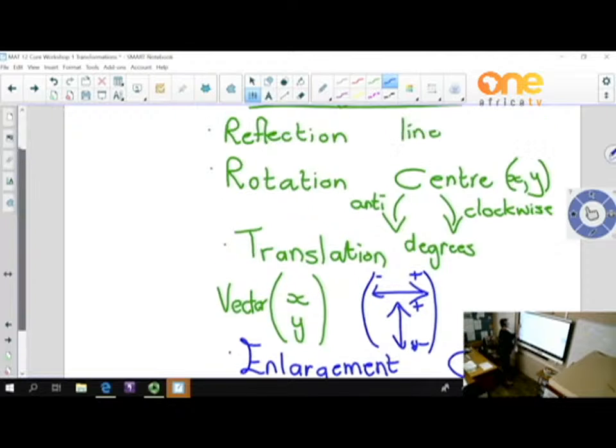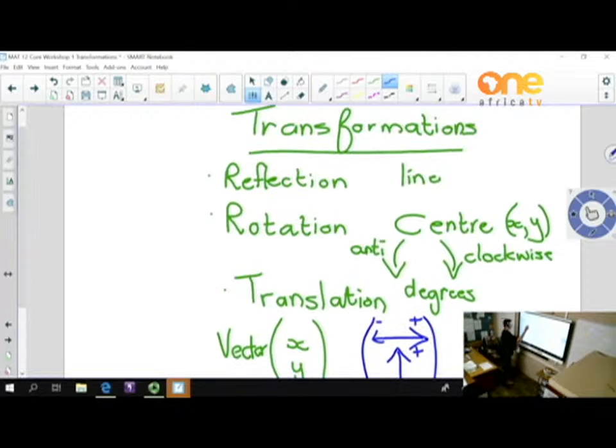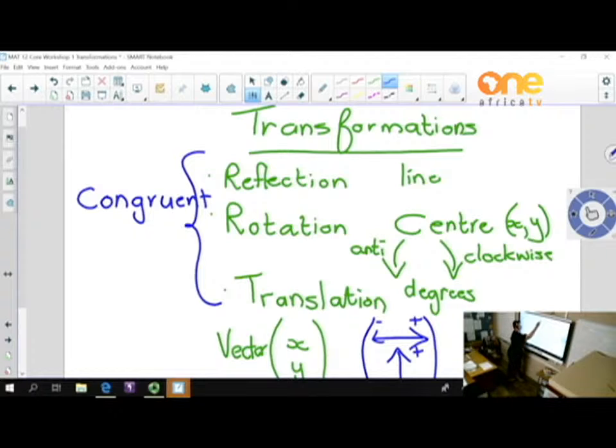Something else that's very important to know is that a reflection, a rotation, and a translation are congruent. What does the word congruent mean? Same shape, same size.